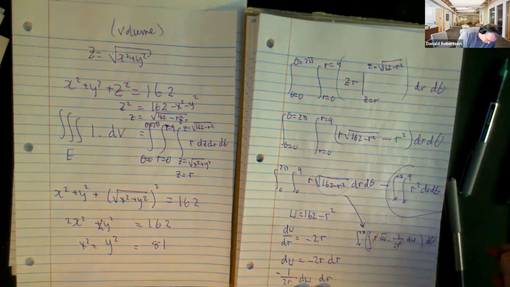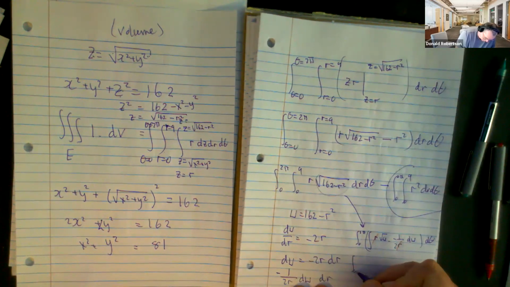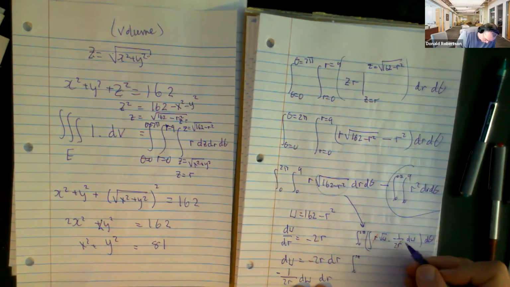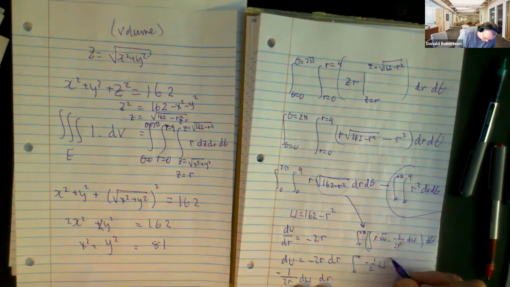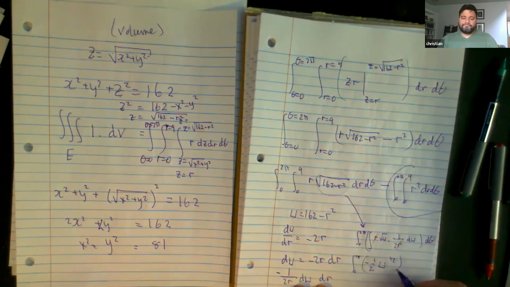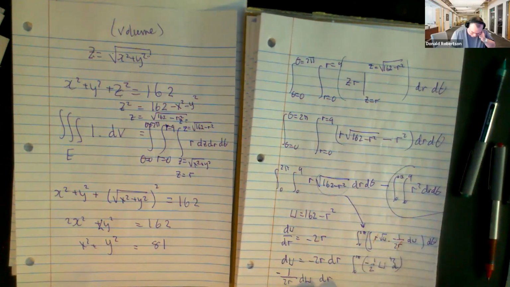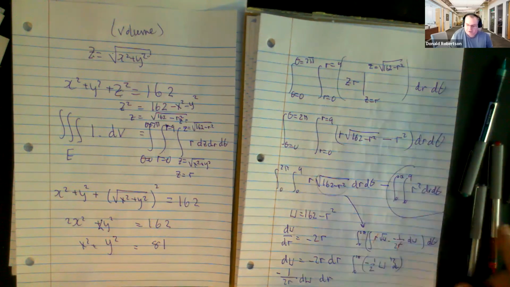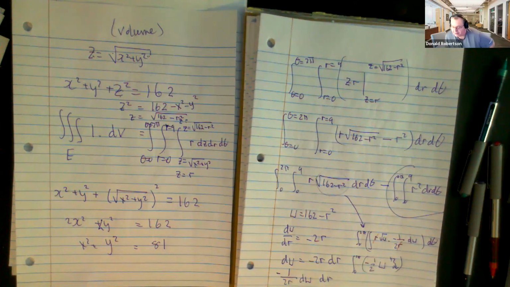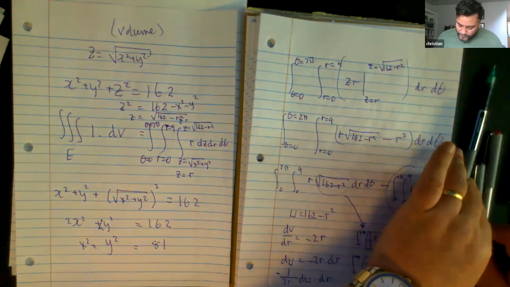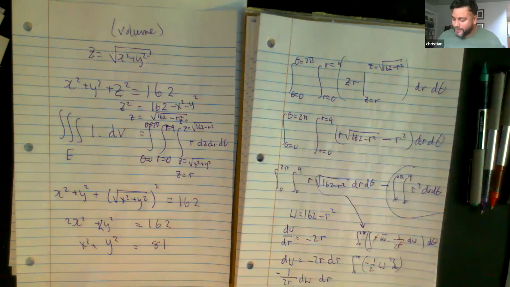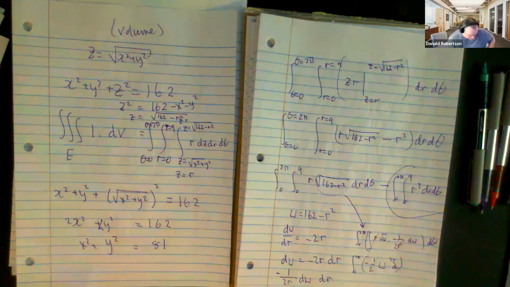You probably would want to rewrite the square root as a half power, so it's -1/2 u to the half power. It comes out as some really ugly looking answer. I just forgot to add the r next to the square root of 162 minus r squared. No, whatever.